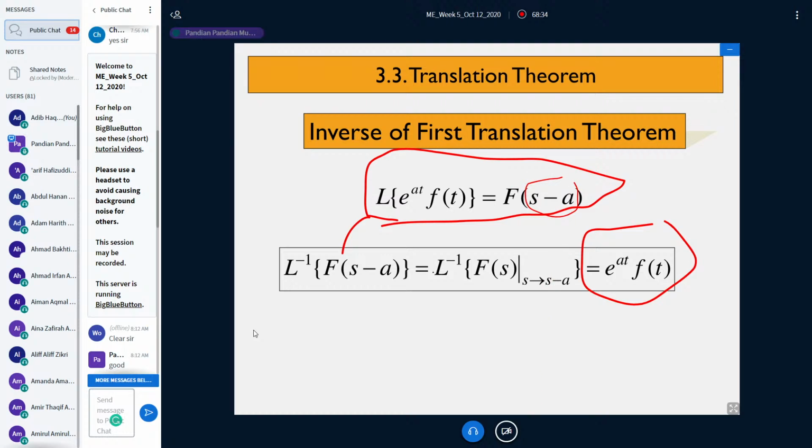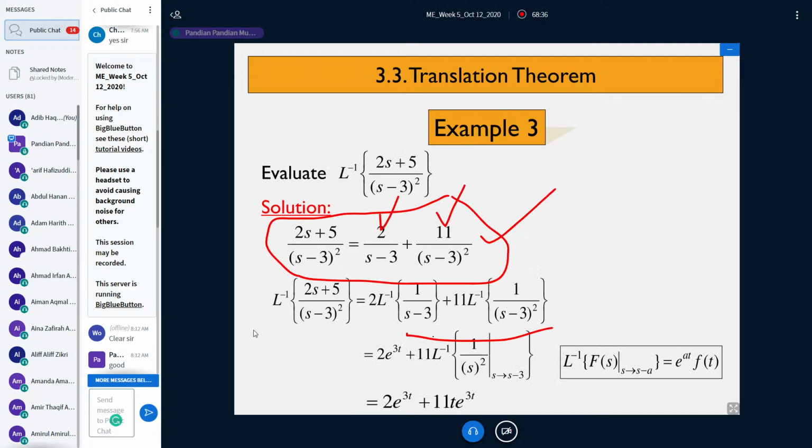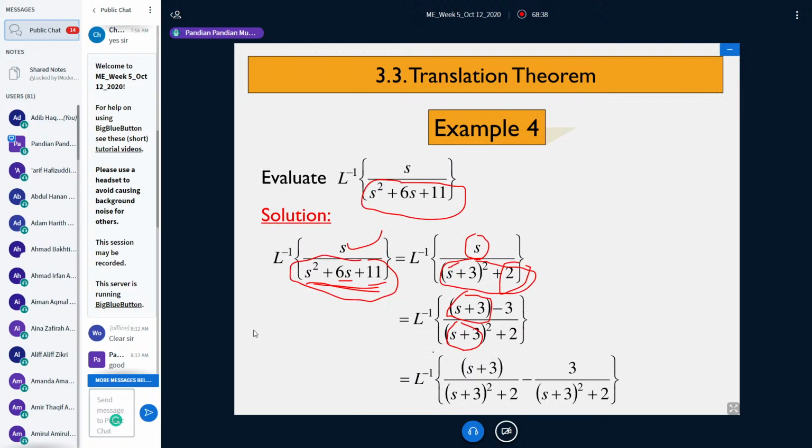So you have to make S plus 3. If you put S plus 3, you must minus 3. You ask why minus 3?